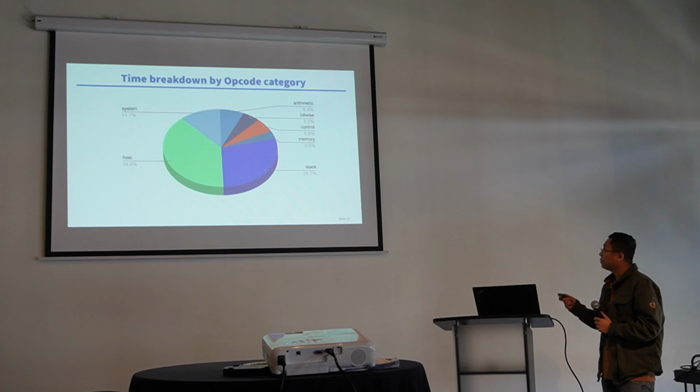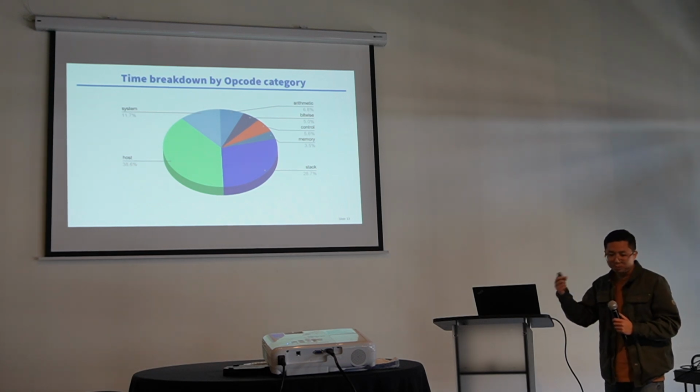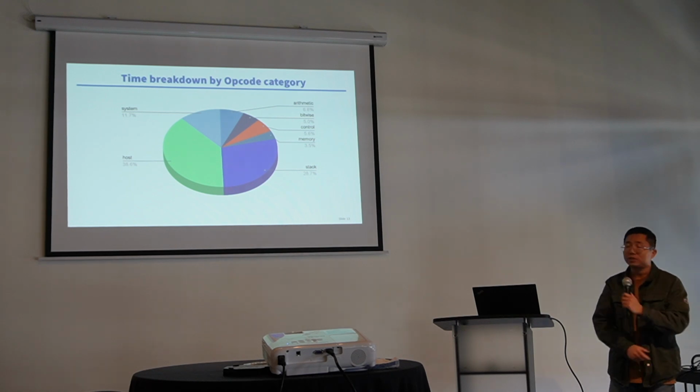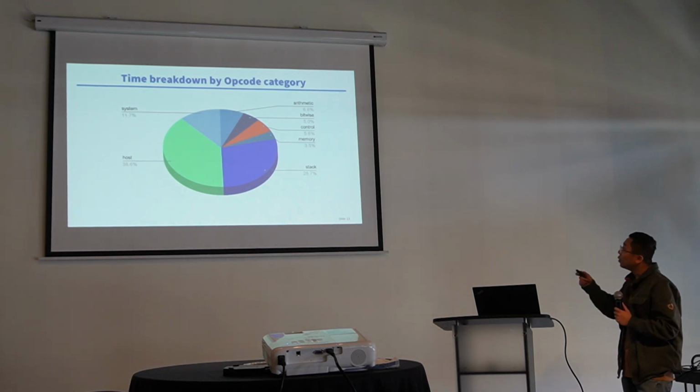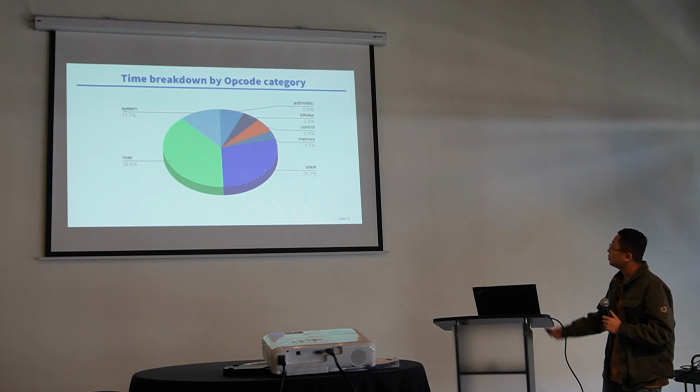And then the stack-related operations like push and pop are taking another 29% of the time. And the rest, 20% of the time, is spread across operations like arithmetic, bitwise operations, and so on.